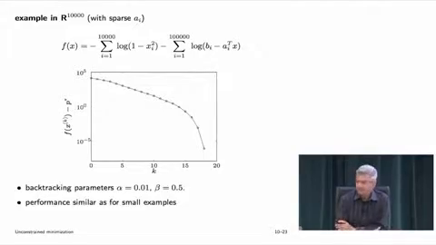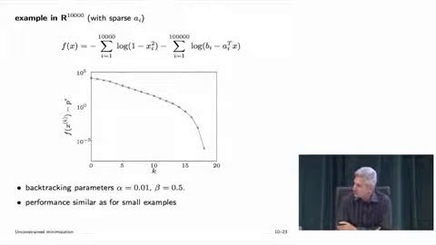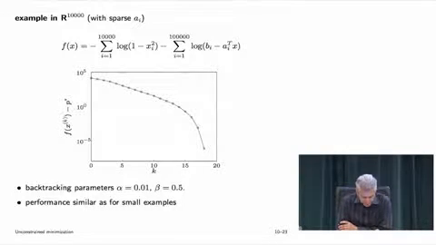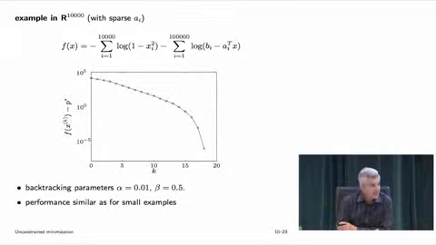Okay, so here's a big one, just for fun, to show you that this persists in higher dimensions. Here we're minimizing some big old log barrier type thing. This is in R10,000, okay? I'm going to get to quiz you on some things momentarily.